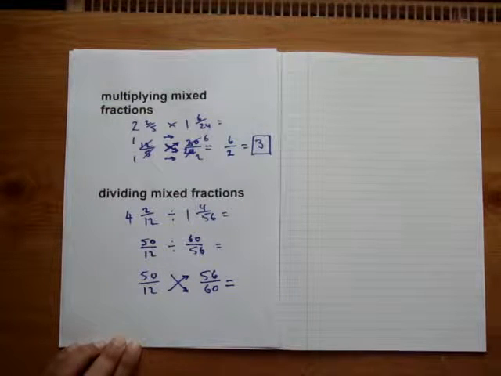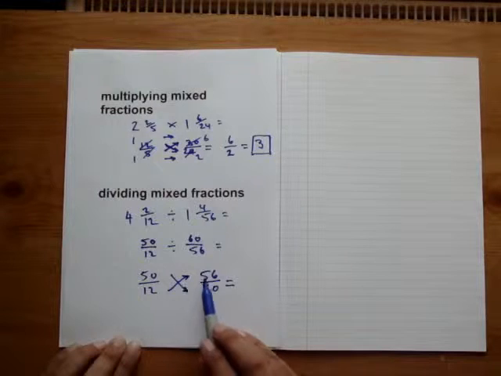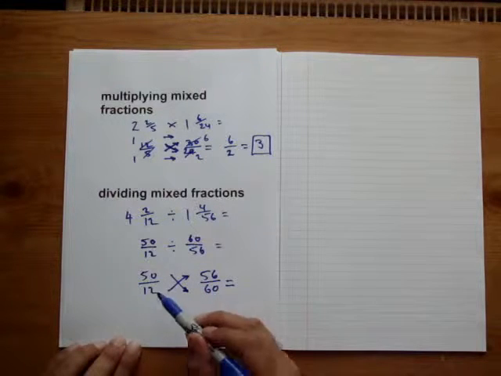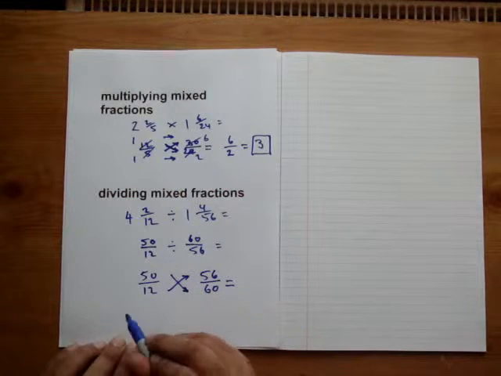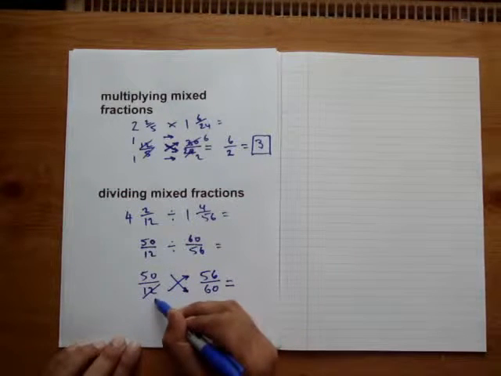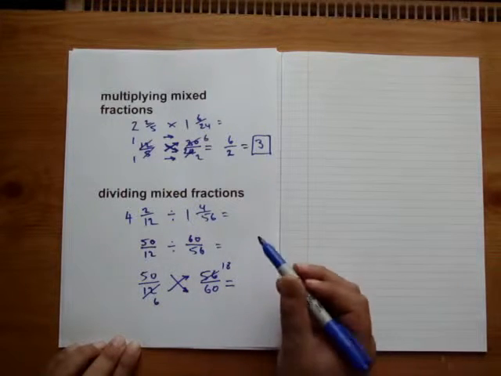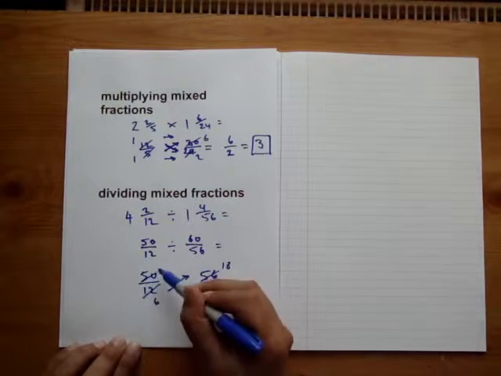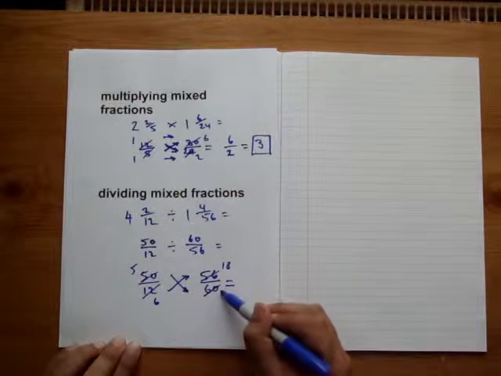Are there any numbers that go both into 12 and 56? Yes. We can divide that by 2, gives us a 6. Divide that by 2 gives us an 18. 50 divided by 10 gives us a 5. And similarly, divide the 60 by 10 gives us a 6.